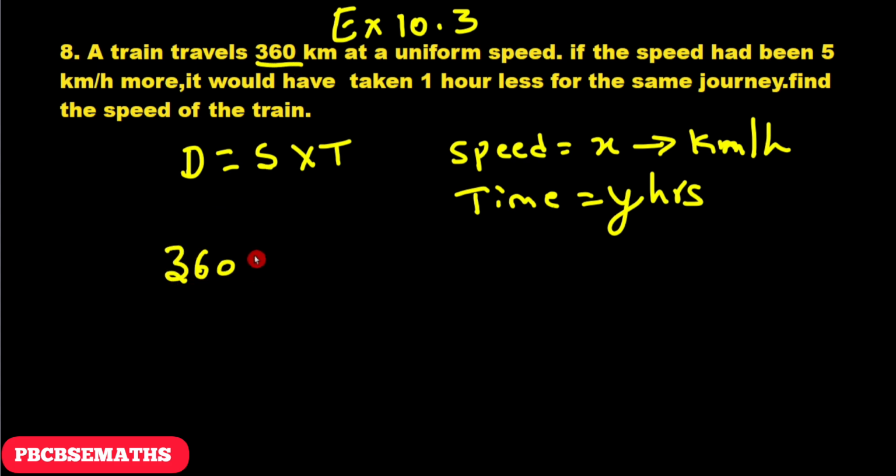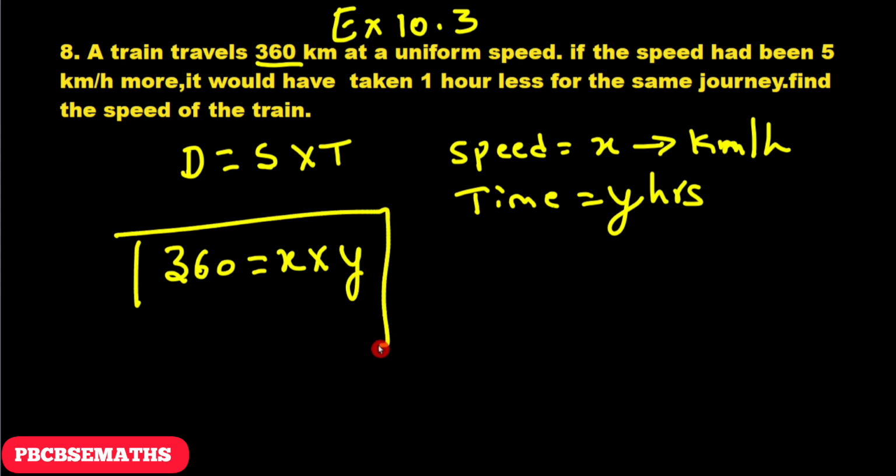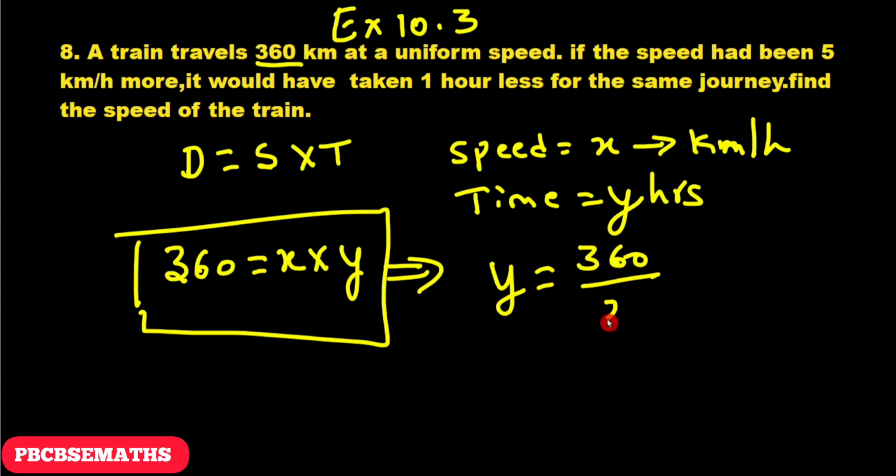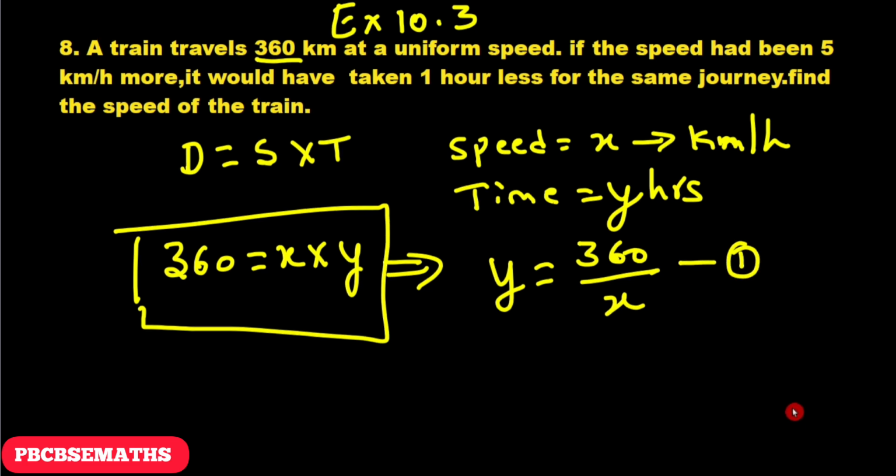So the 360 kilometer journey is traveled at the speed of x kilometer per hour in y hours. So this is our first equation, or in other words we can write it as y equals 360 by x. Let's say it is equation 1.